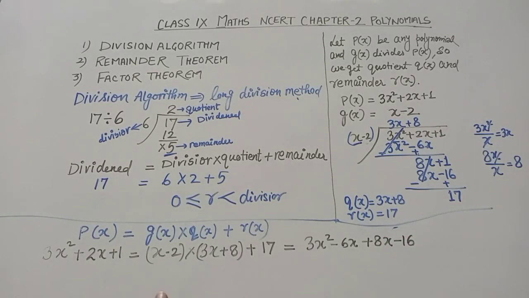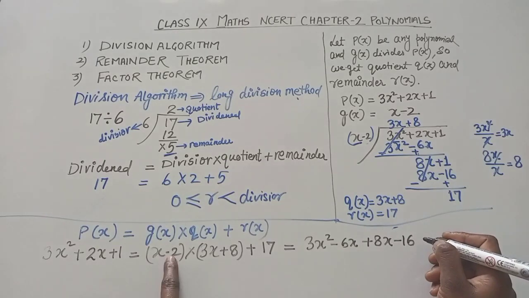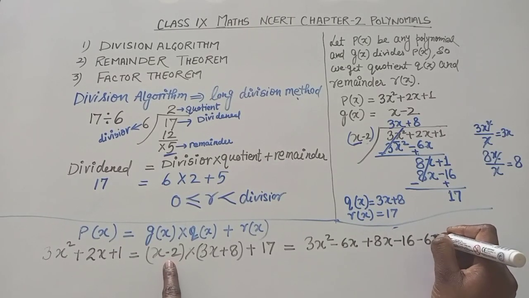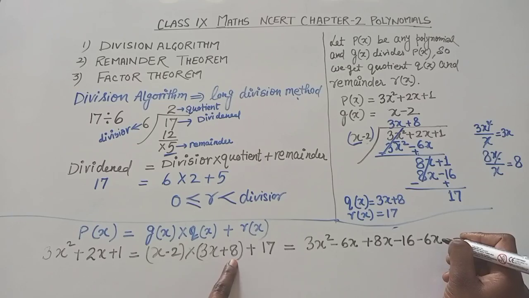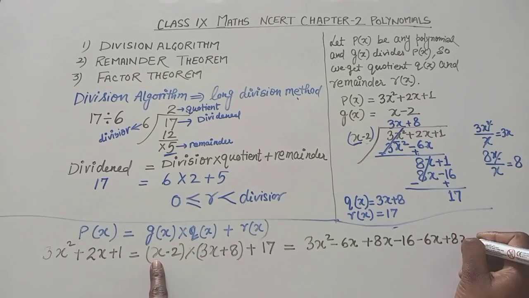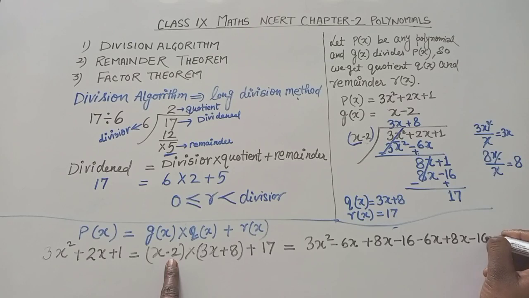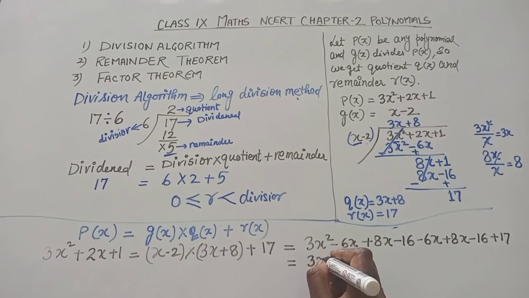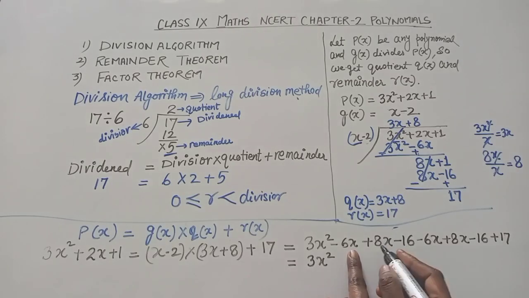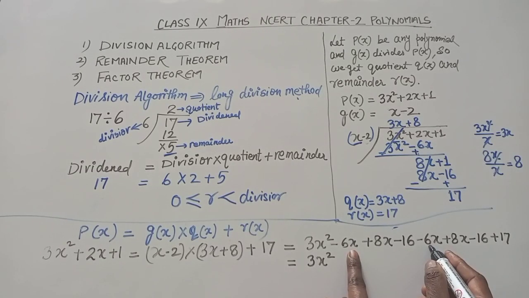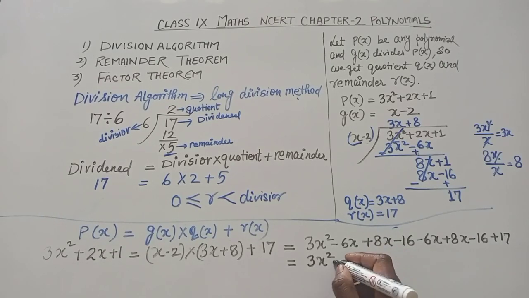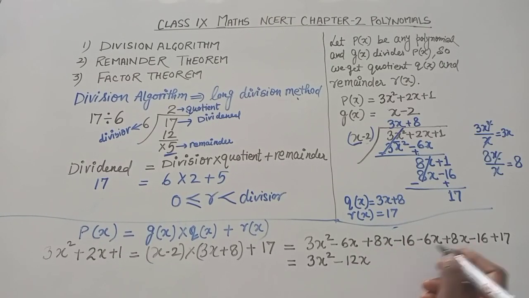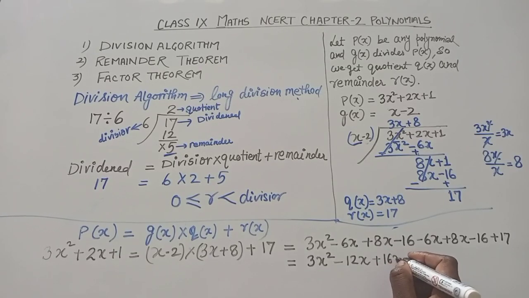Okay, फिर minus 2, so minus 2, 3 2 जा 6 minus 6x, 8x minus 16 plus 17. Okay, so this is 3x square. Now 6x and 6x, 12x, or wait, 6x and 8x, 16x.